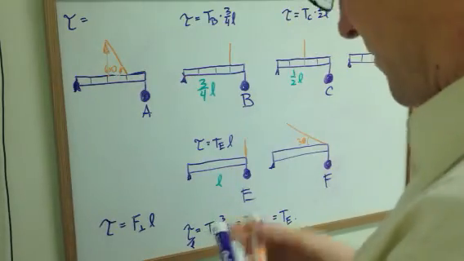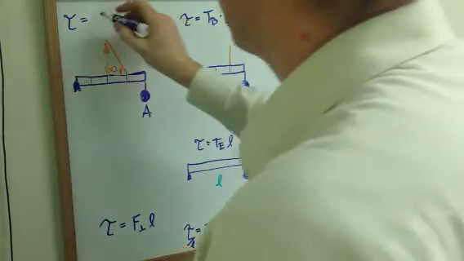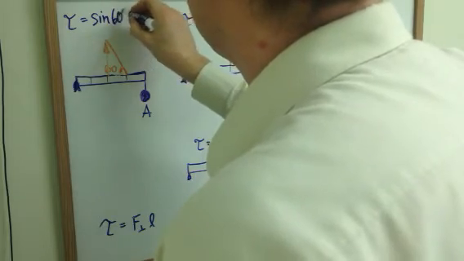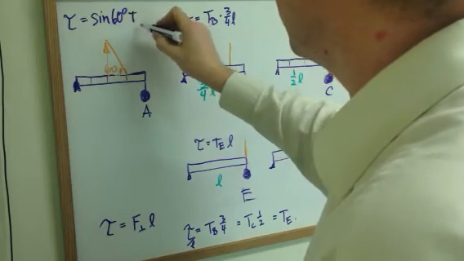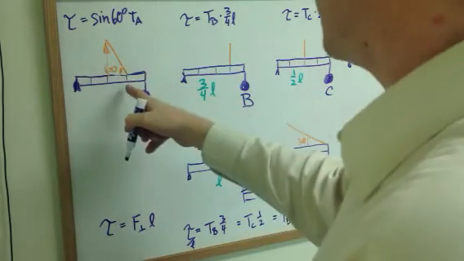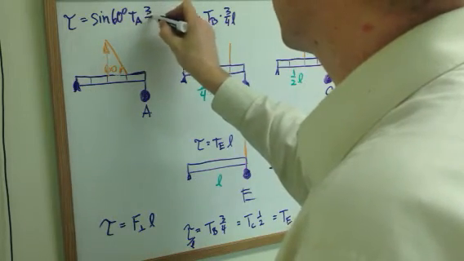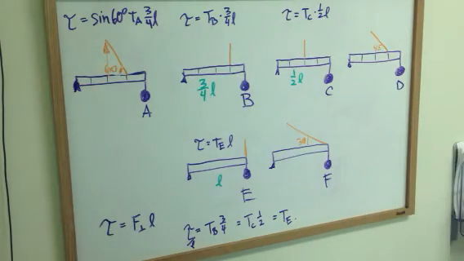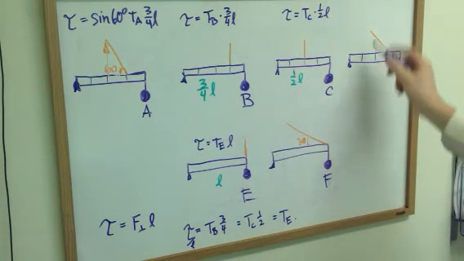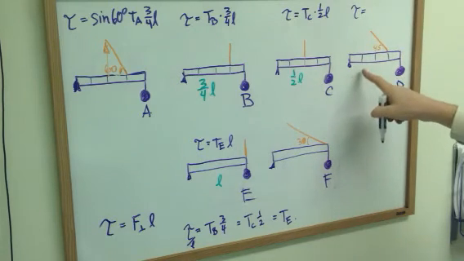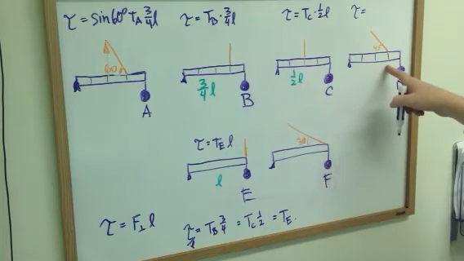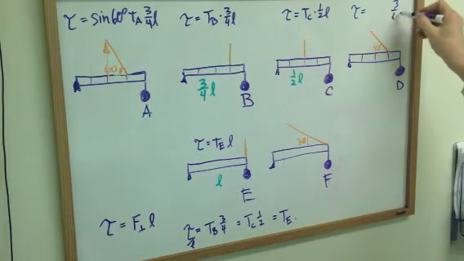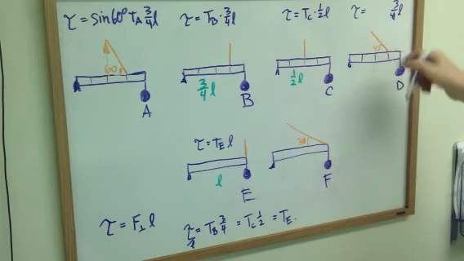That's the opposite side, so that's sine of 60 degrees times this tension of A, and that's working at a distance 3/4 L. This one here is this torque. The torque needed to hold this up is the same thing. It's working at a distance 3/4 the entire length.